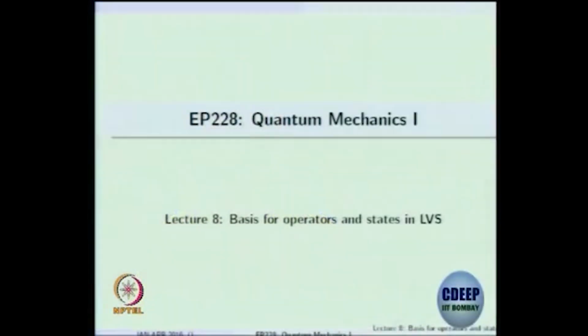Okay, so today let me briefly summarize what we did in the last lecture, make you recall all the notations again, and in the process I will slowly take you to basis for operators. You have studied in your first course that the momentum operator can be given a differential operator representation, right?